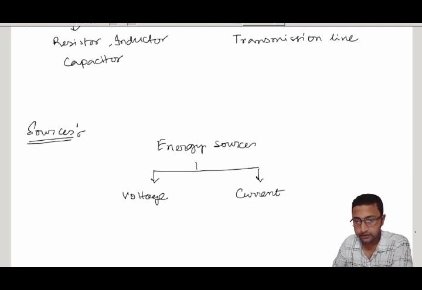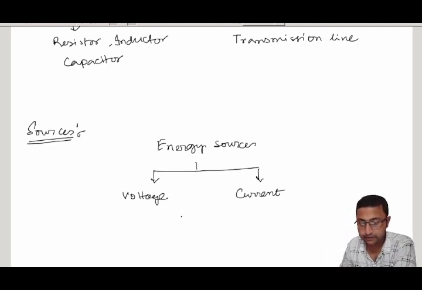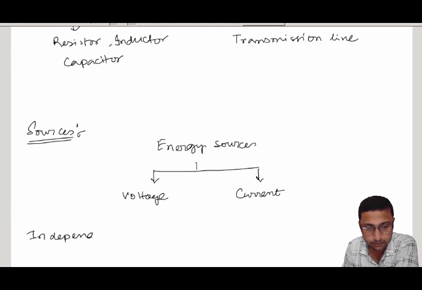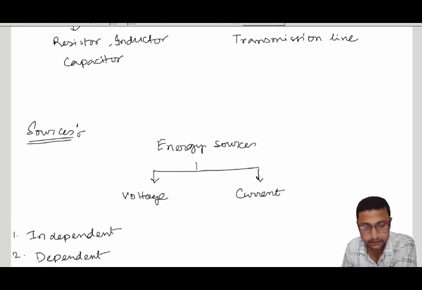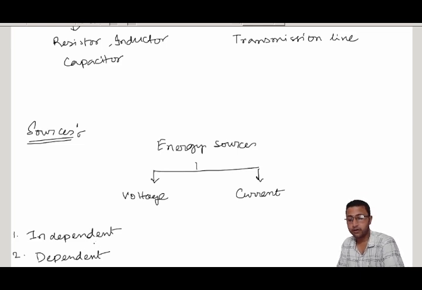Under this category, the voltage source or current source may be further classified as independent voltage or current source, number 1, and number 2, dependent voltage source or current source.